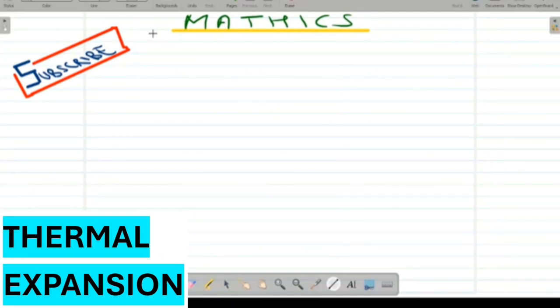So students, let me tell you that this expansion is at all three levels. What are they? That is linear expansion, and another is superficial expansion.